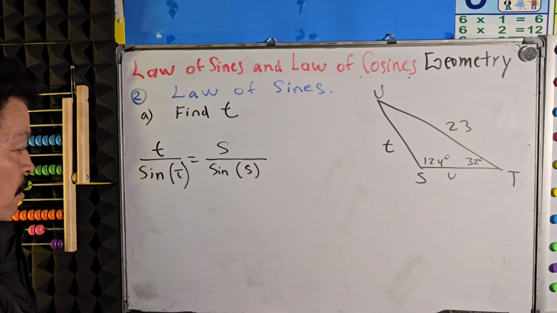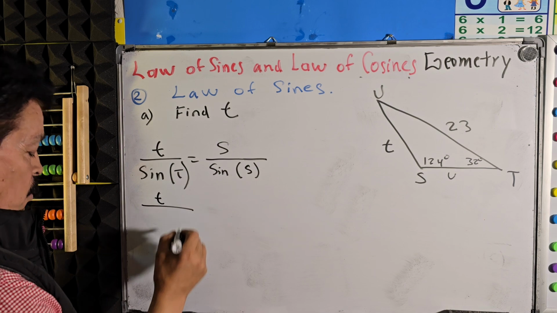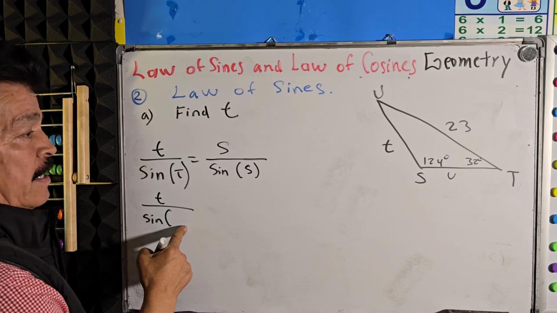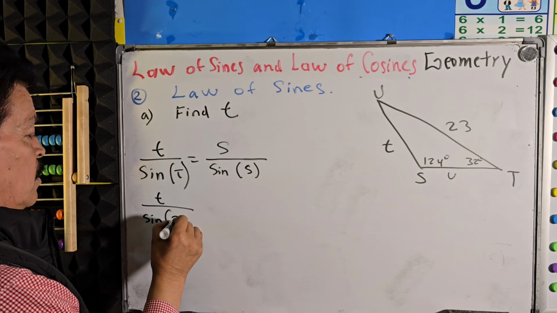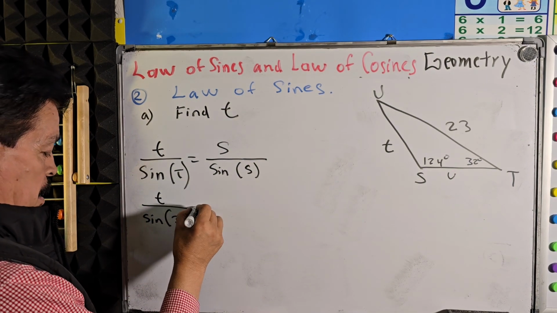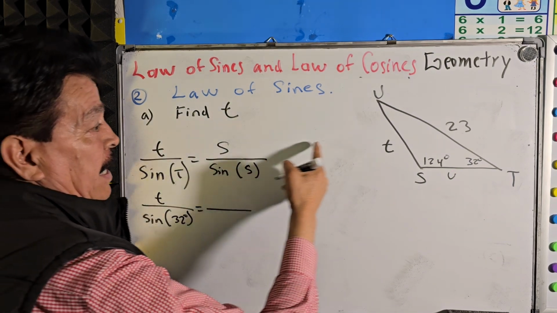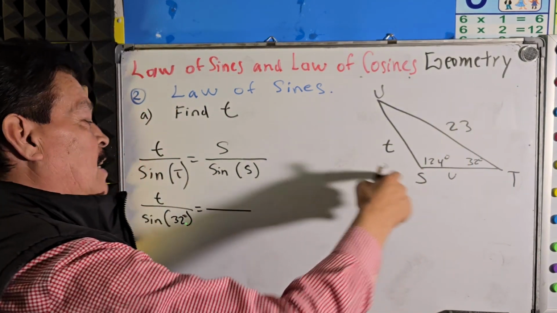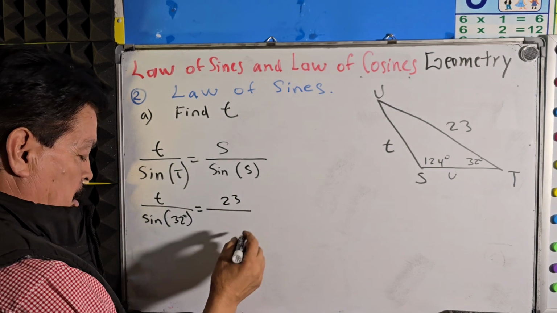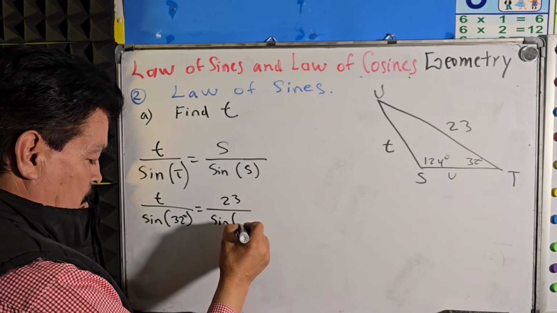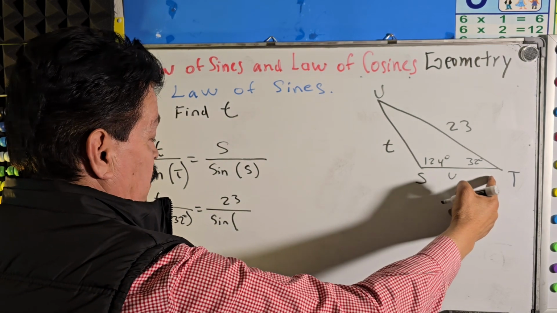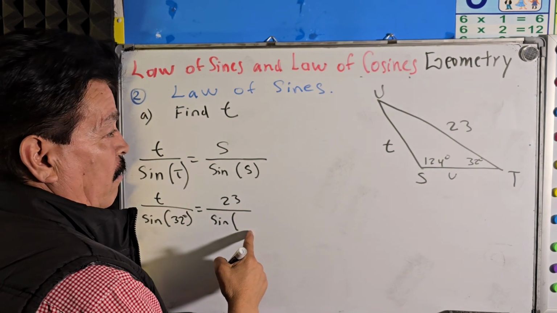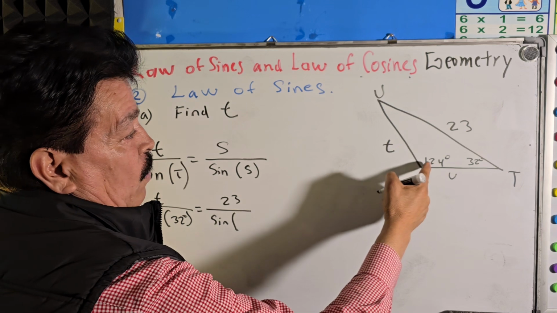Okay, this is our formula. Now we substitute: sine of t, which is 32 degrees, equals, and then we have s. How much is s? S is this one. Remember, it's opposite. S is equals 23. So sine of how much is right here? Not 32, 124.